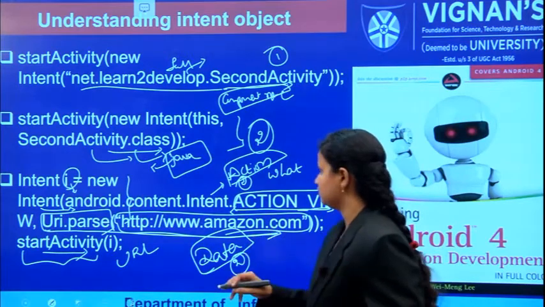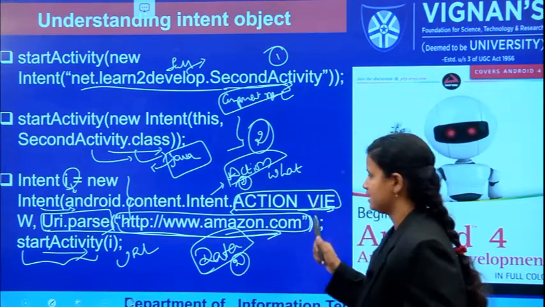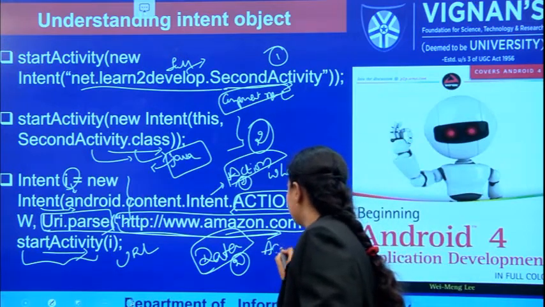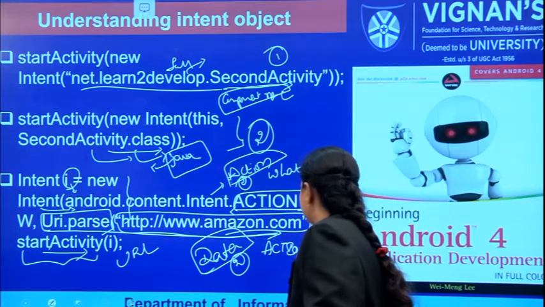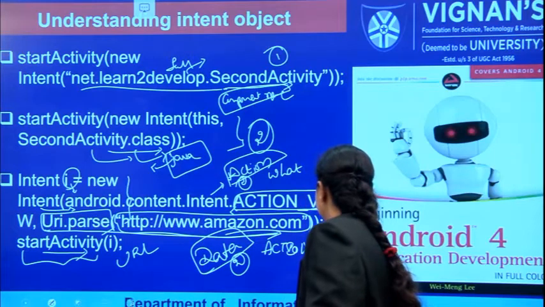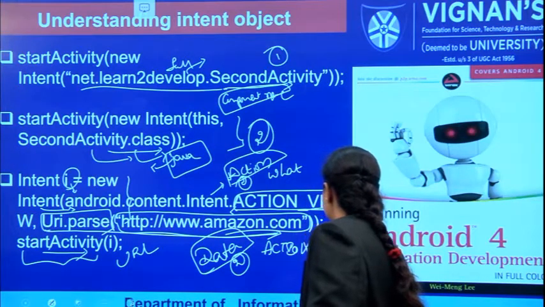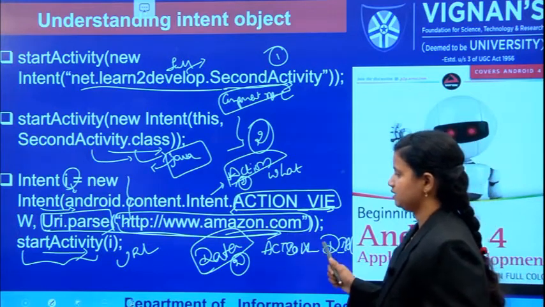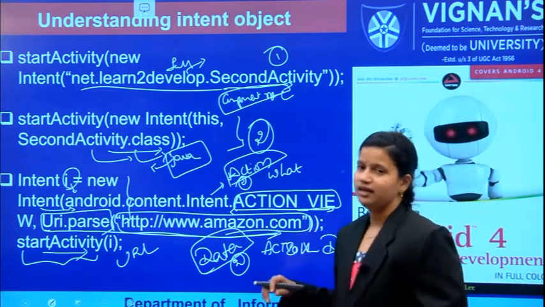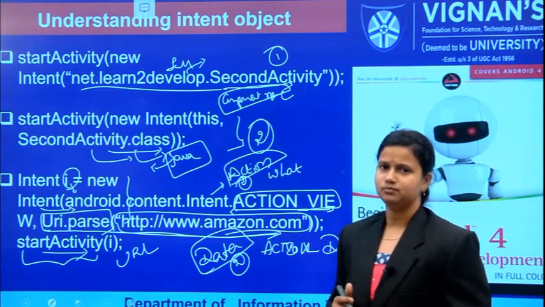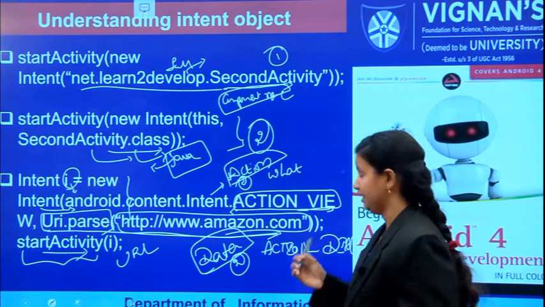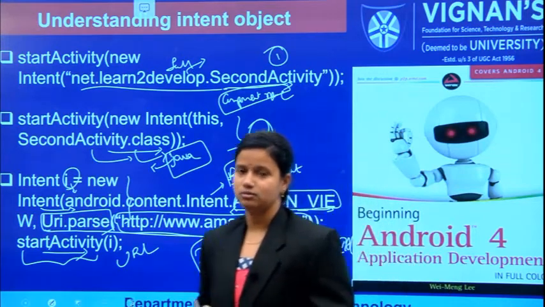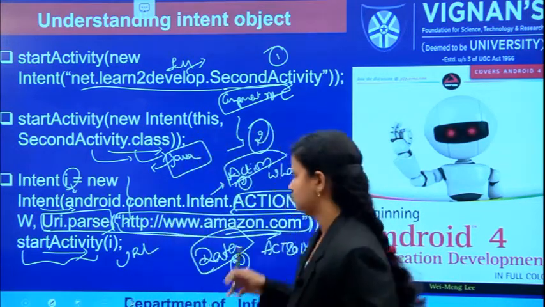Different types of actions are there. One of them is ACTION_VIEW. Another is ACTION_DIAL, which is also one of the actions. There are also actions like view, dial, call, open. From those actions we have to perform.